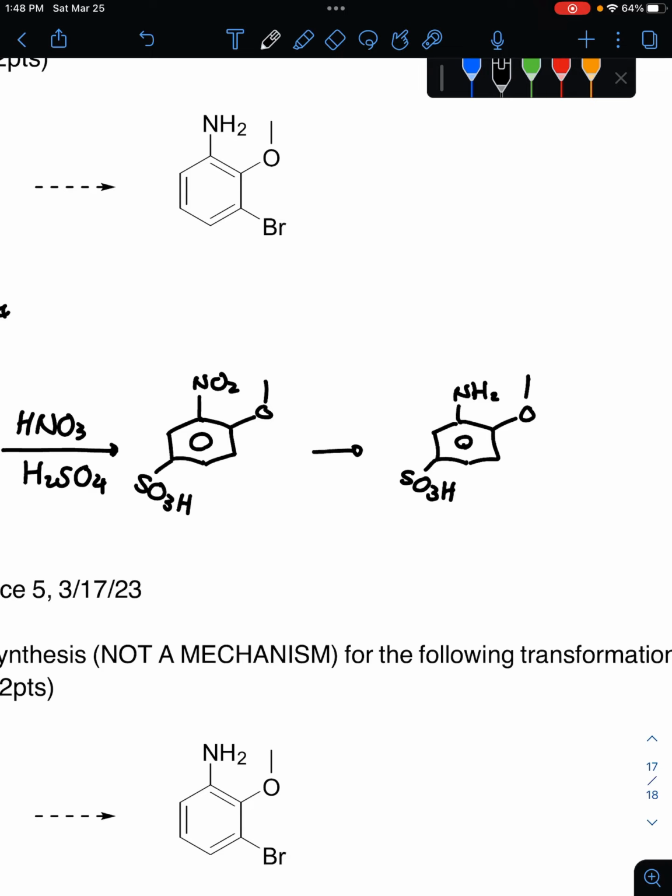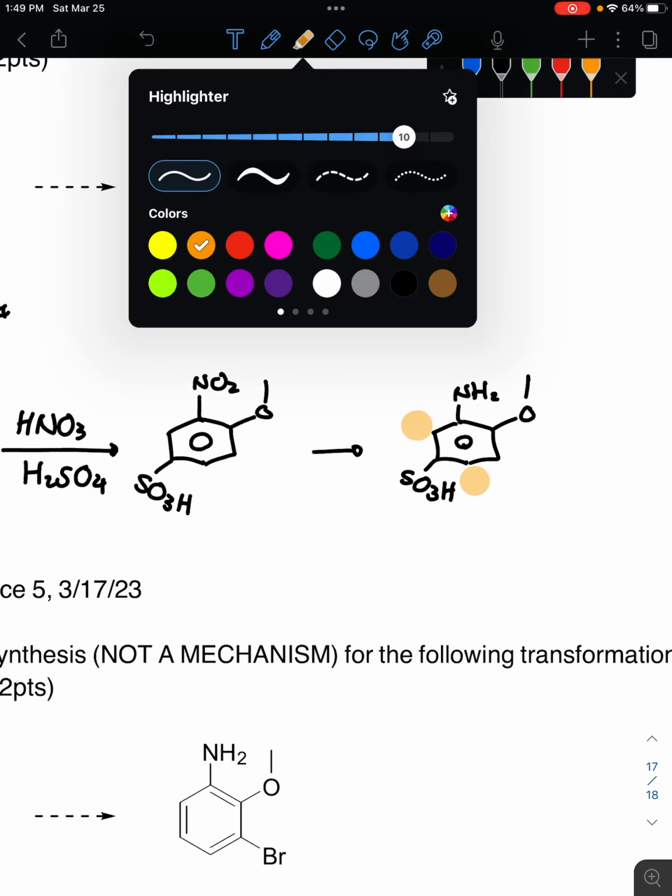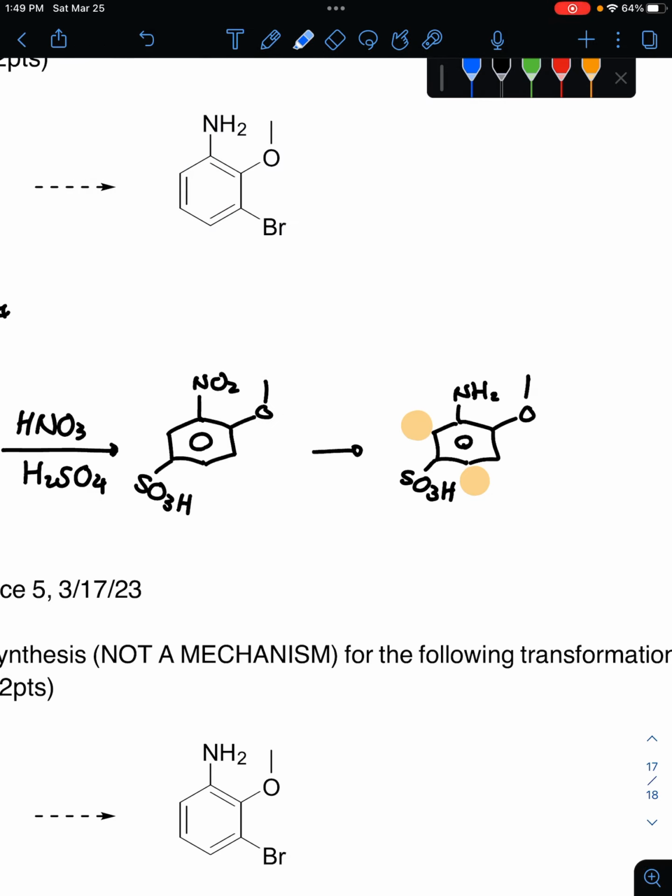The only problem with that approach is now the amine is also an OP director, so there's going to be split directing effects. Amine would like to direct it to these two positions, whereas the methoxy group would like to direct it right here. So there would be a split directing phenomenon, and there's going to be a mixture of molecules, which would not be ideal.